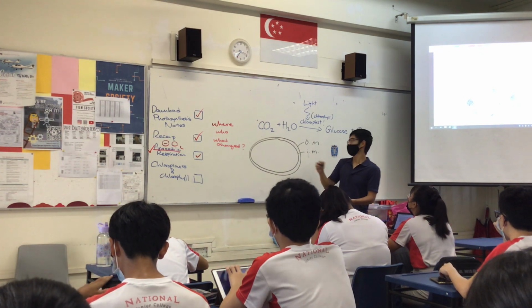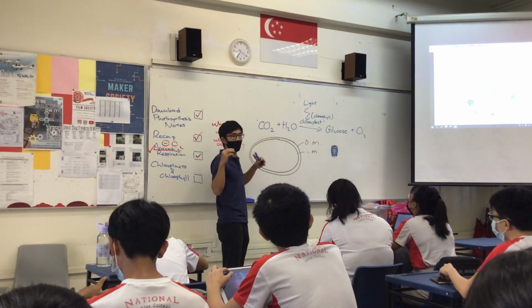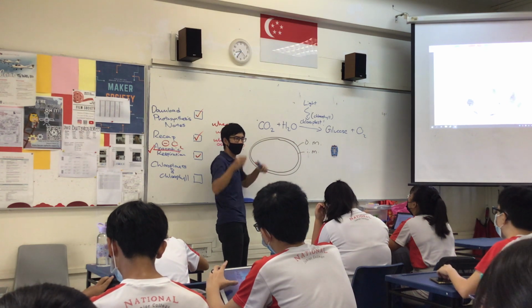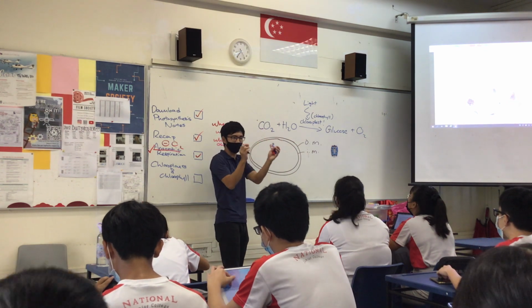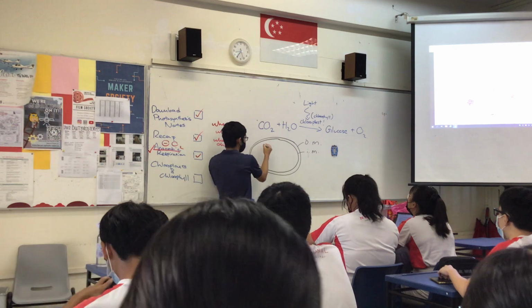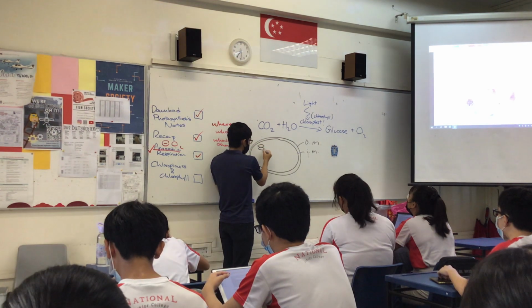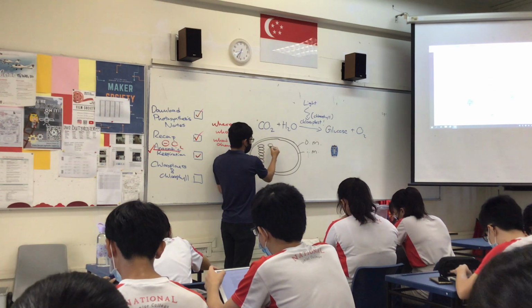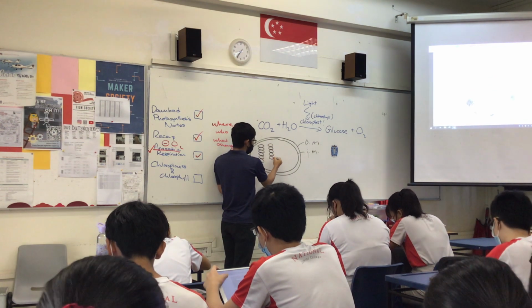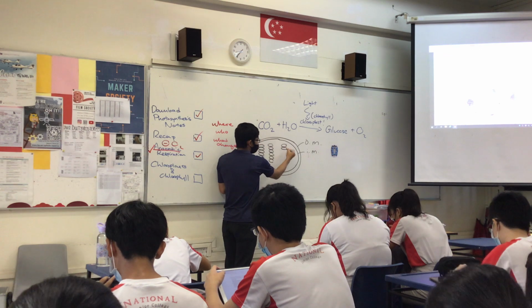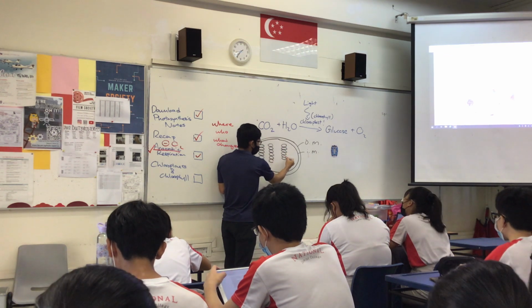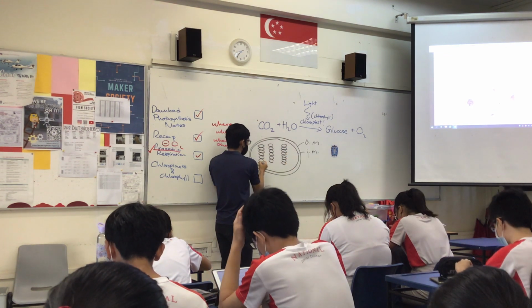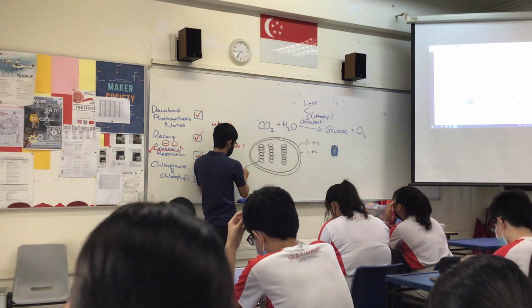Number two, it actually has a third layer of membranes that folds upon itself to form many small little M&Ms. So this is what you see in a textbook. Lots of small little structures like Mentos stacked on each other. Each one of them we call a thylakoid.